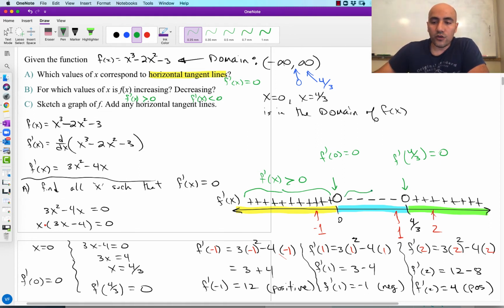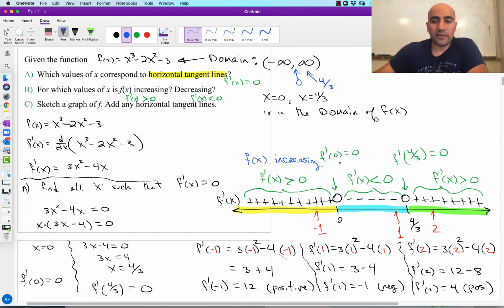Okay, in this little zone in here, we've established by using a test point that the first derivative is negative. It's less than 0 there. And finally, over here, we've established that the first derivative is greater than 0. Okay, and so now what we can conclude is that the underlying function in this zone, f of x, right? Notice the distinction. This is not f prime of x, not the derivative. This is the original function, f of x, must be increasing in this zone here.